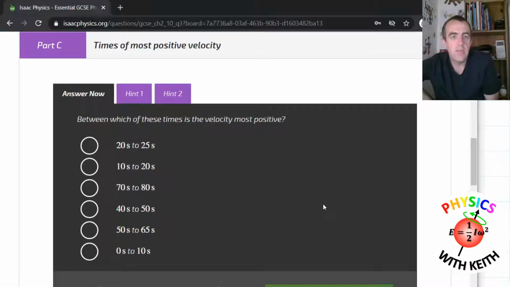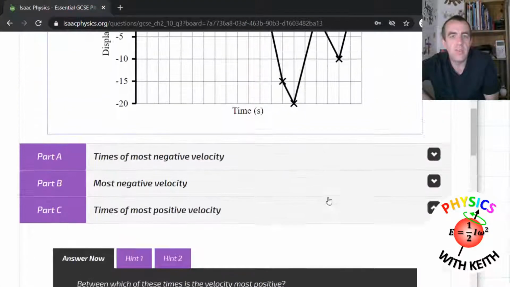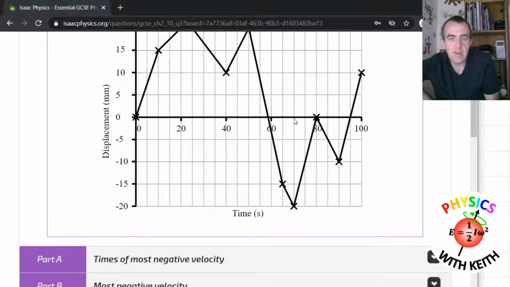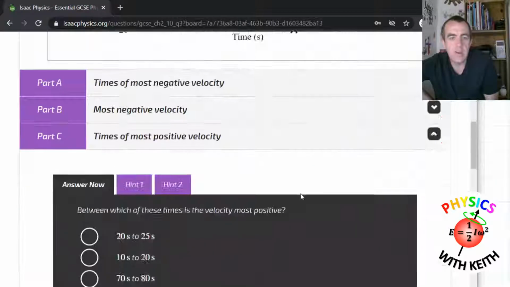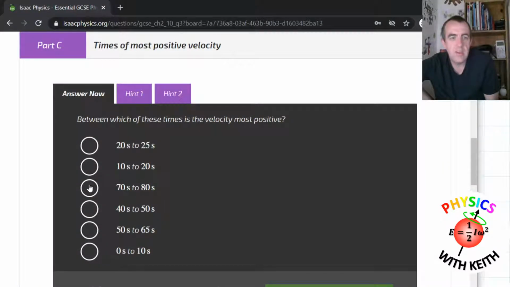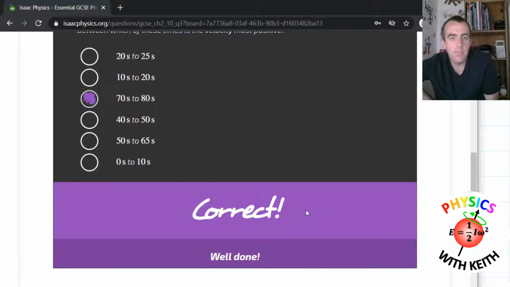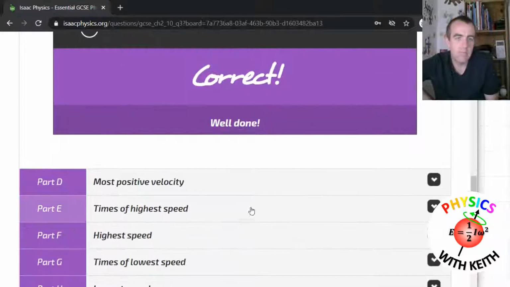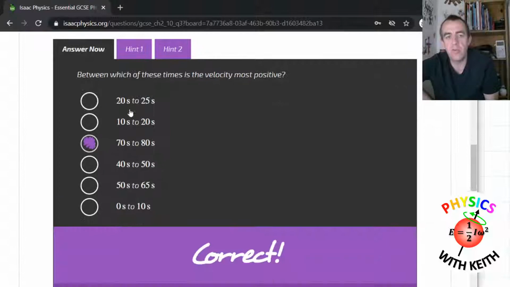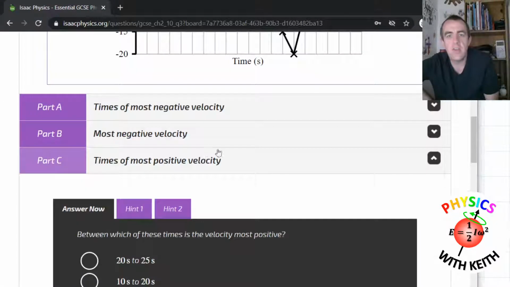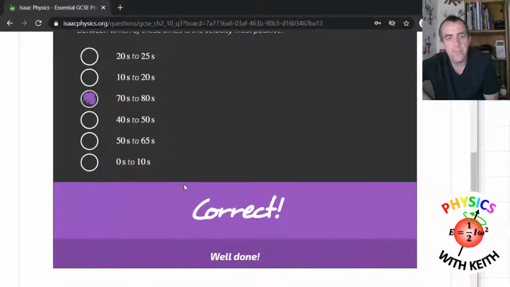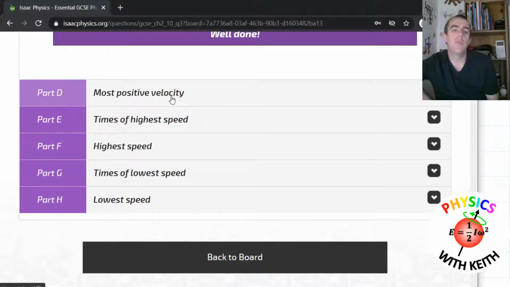So between which of these times is the velocity most positive? That's between 70 and 80, or between 90 and 100. 70 and 80, 90 and 100. So I'm going to put this one. Correct. Okay. There are 2 possible answers, but as it was multiple choice, the 90 to 100 second option wasn't there.